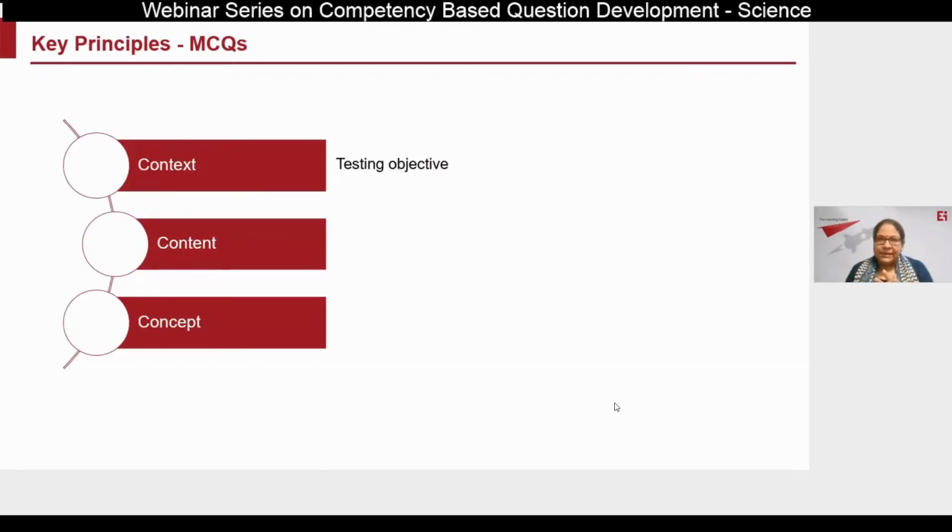Like we were discussing a while back, there are multiple topics that we cover, within each topic we have multiple learning outcomes, and within a learning outcome there are multiple learning areas, right? When I create a question, most probably I'm testing a micro concept or a very specific concept within that learning outcome.